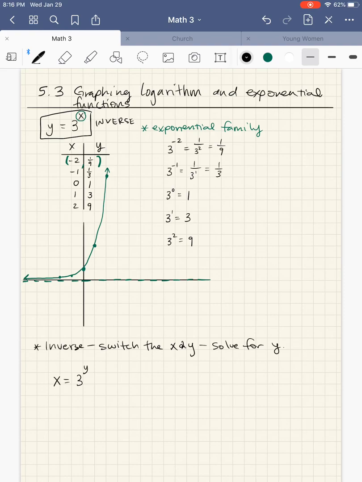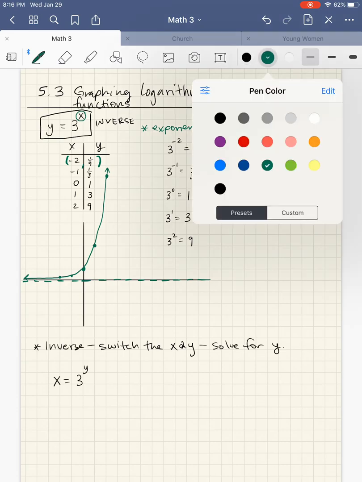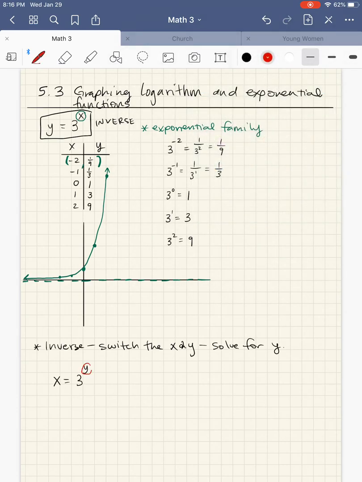So how do I get y alone now? We learned a new function recently that can get an exponent alone. Remember, we could write this as log base 3 of x equals y. This is the drop the base, remember? So if we rewrite it in this logarithm form, this is the equation of our inverse function.